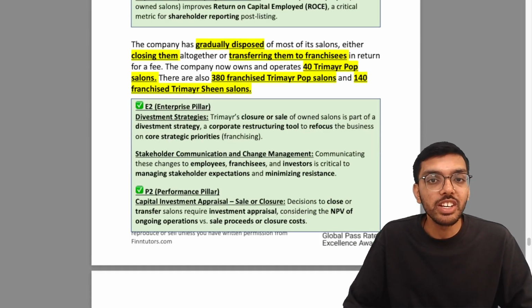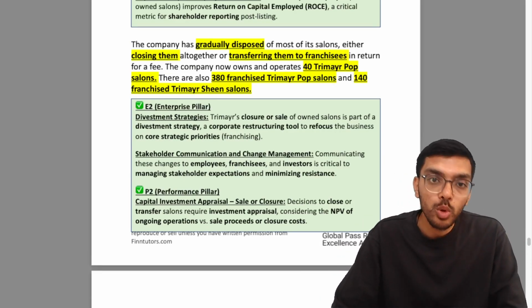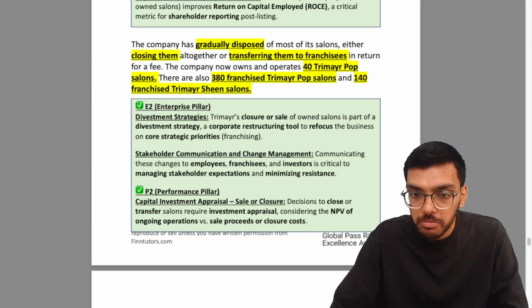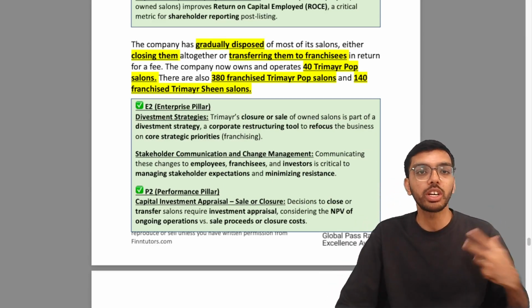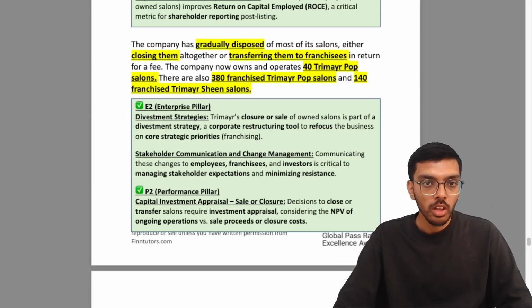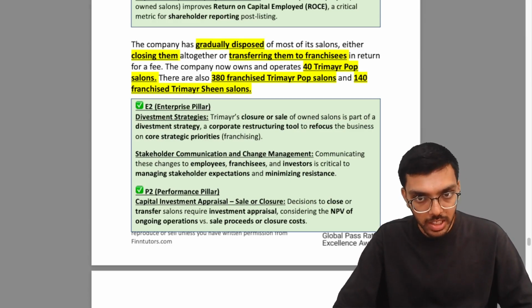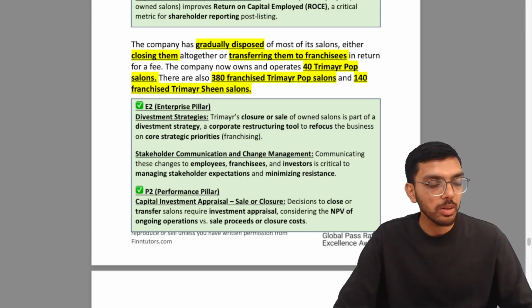So the company has gradually disposed of most of its salons, either closing them or transferring them to franchisees in return for a fee. So we closed them or we gave them to franchisees for a fee. They bought them from us. The company now owns and operates 40 Trimayr Pop salons only. There are also 380 franchised Trimayr Pop salons and 140 Trimayr Sheen.